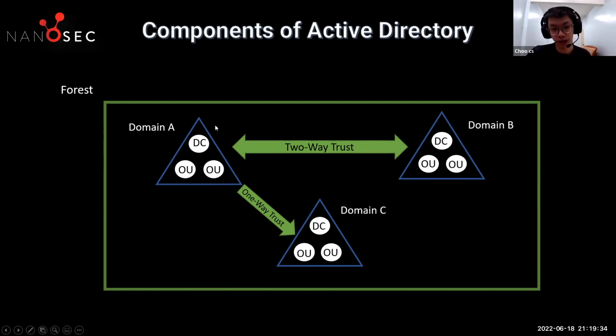It is a unidirectional trust where domain A's resources can be accessed by domain C. Since this is unidirectional, users from domain C can access resources from domain A, but users from domain A cannot access resources from domain C. There's also a two-way trust here, which is bidirectional, where users from domain B can access the resources from domain A, and users from domain A can access the resources from domain B.